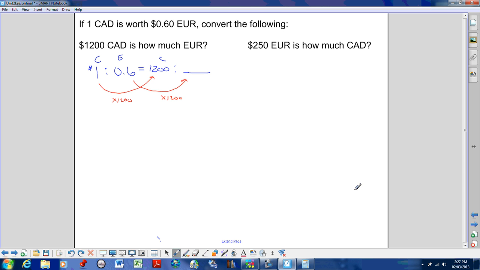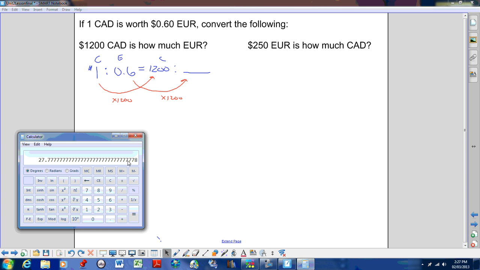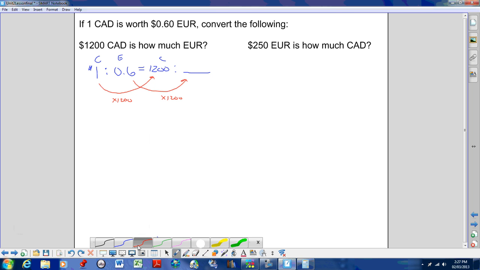So I'm just going to get the calculator here, and I'm going to do the 0.6 times 1,200, and we get $720. Or euros, I should say. So 720. All right, there you go. That's all there is to it.